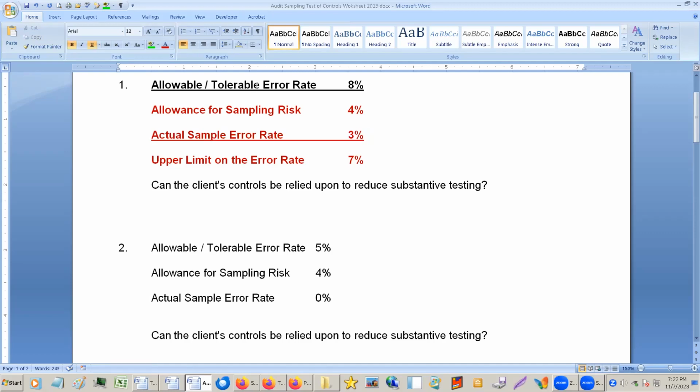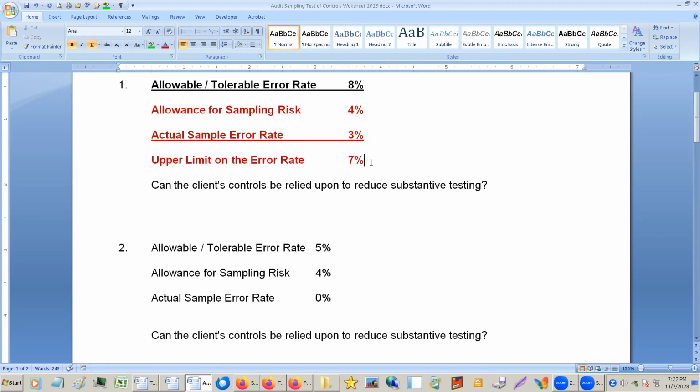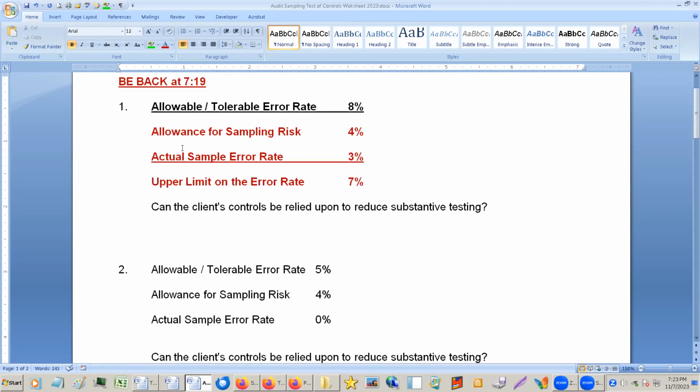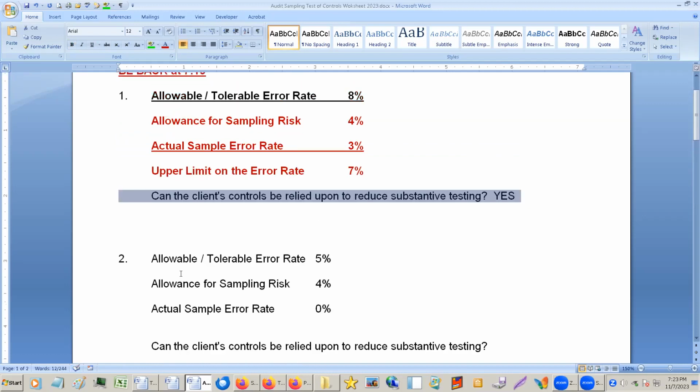We have an allowable rate that we'll be happy with if it's 8%. We find the upper limit is 7. So can the client's controls be relied upon? Yes. So we can rely on the client's controls. Our testing shows that it's still less than the allowable tolerable rate, how they present it.